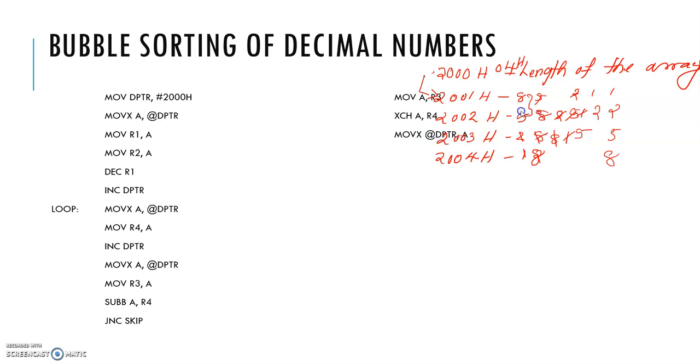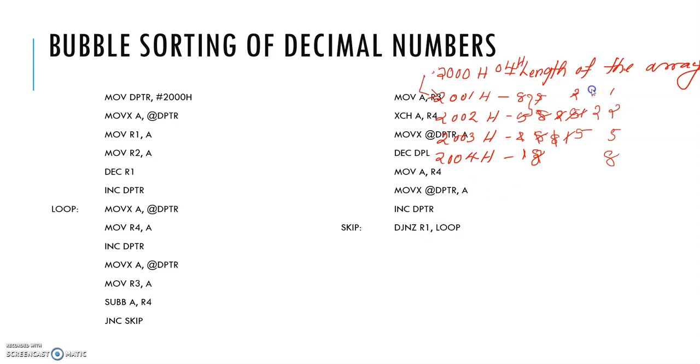The largest number now we place in location 2002, and we decrement the DPTR and place the content in R4, that is the number 5, in location 2001. To move the content to the memory location, first we place it in the accumulator register and move it to location 2001. And we increment the DPTR, now it points to location 2002.